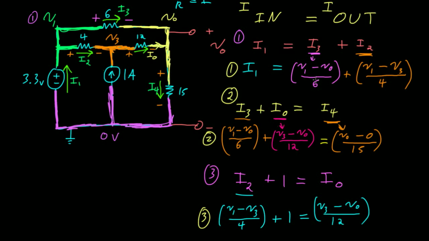Where I left you in the last video was that we have three equations and four unknowns: I1, V1, V0, and V3. And I claimed that one of these unknowns is actually not an unknown. We can say what it is specifically right now.